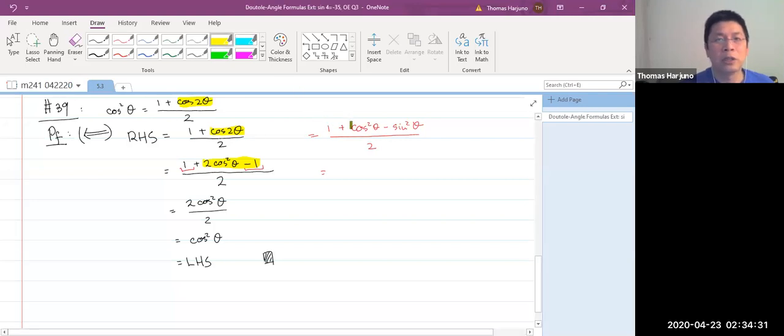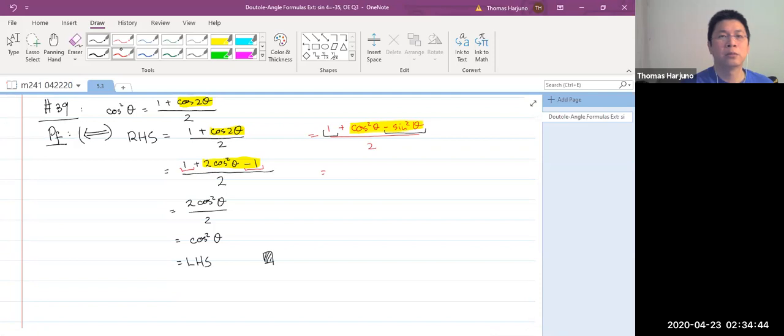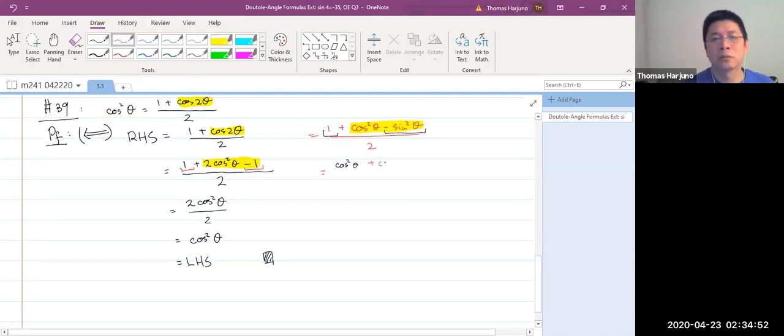Originally I break it up this way, and then I do 1 minus sine squared theta. You see what I mean? 1 minus sine squared theta is what? Cosine squared theta, right? Now from there I will get this.